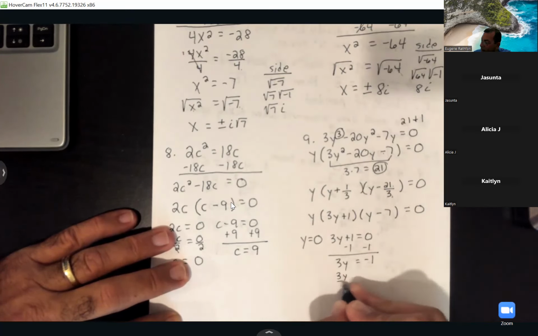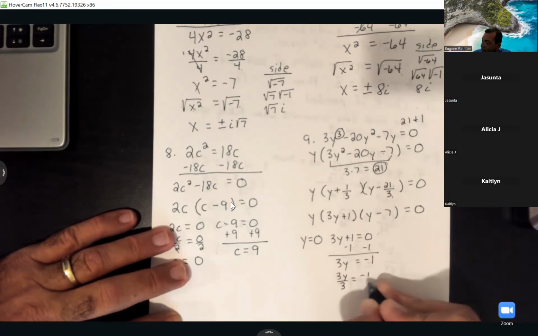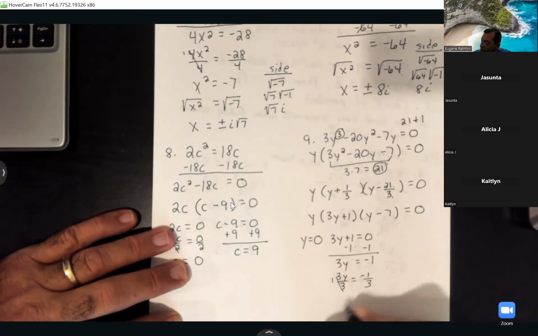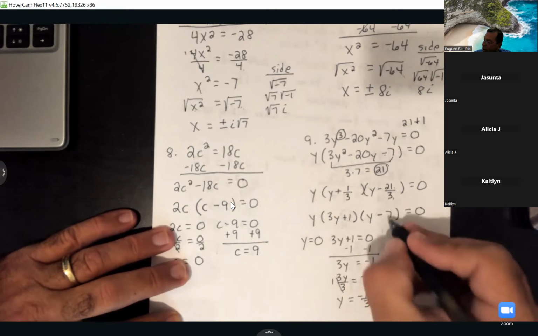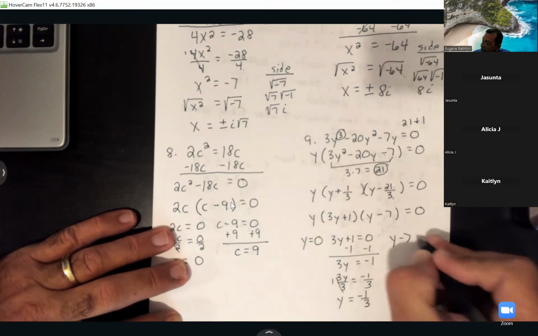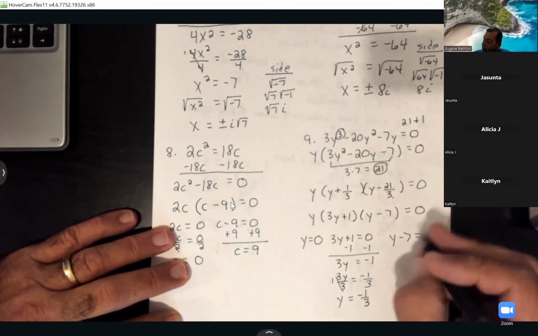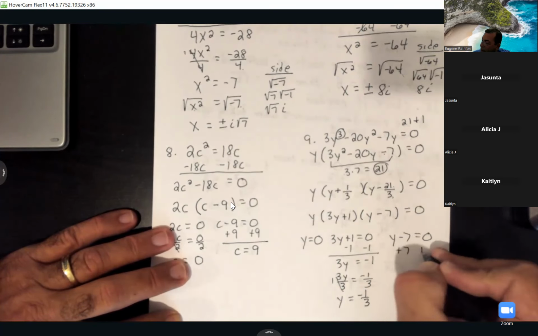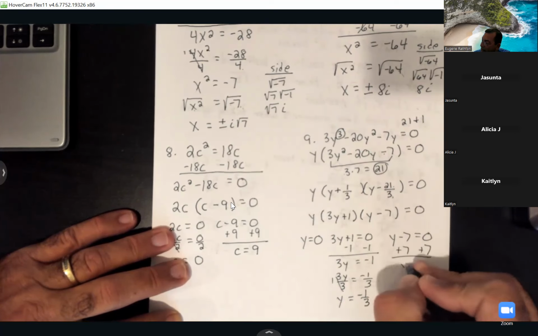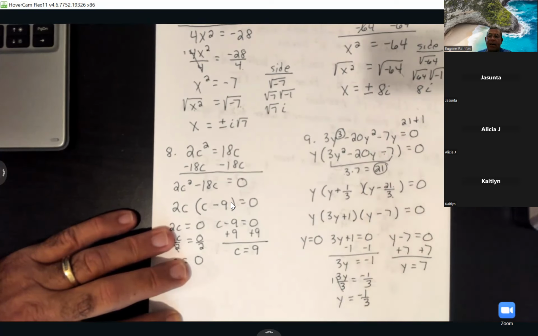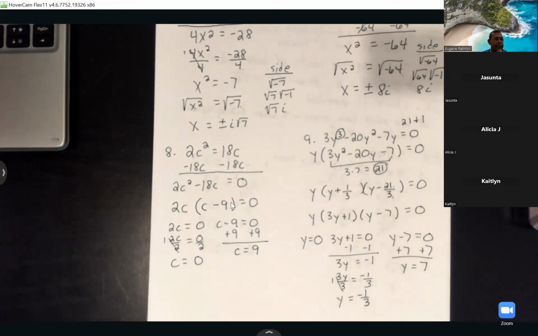Then come and divide by 3. So those cancel. I get 1y equals a negative 1/3. And then set my last factor equal to 0. And on that one, all I got to do is add 7 to both sides and get my third answer.